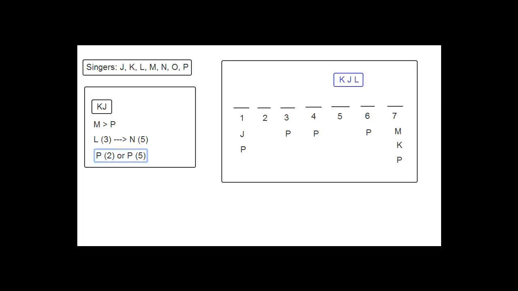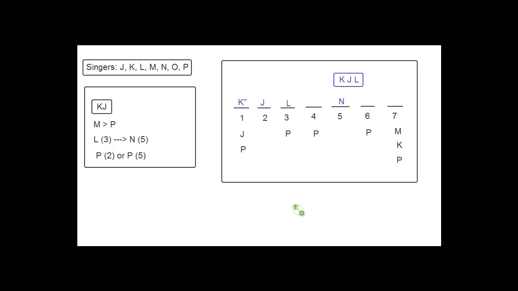Because the P was supposed to be in second or fifth, but if we were to make this kind of a placement, I should make these all bigger so you can see them. If this was like this, okay, then the N would have to go here, which would create a problem for the P, because the P was supposed to be either in second or fifth.